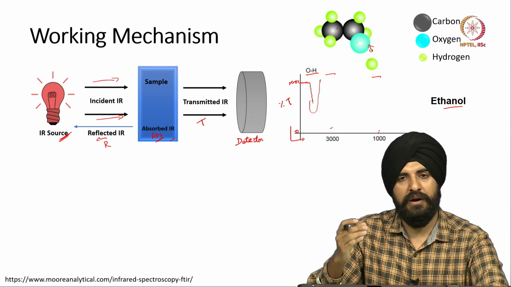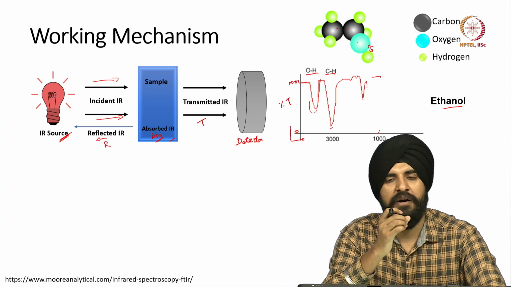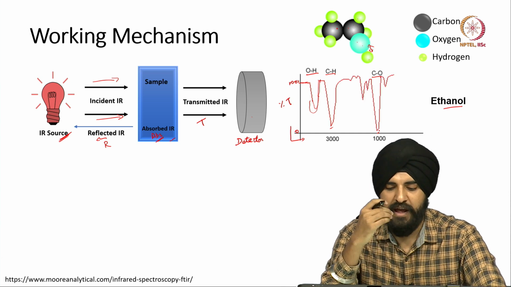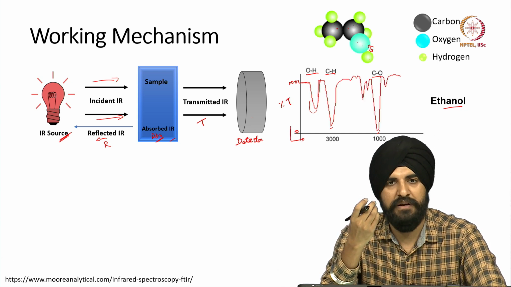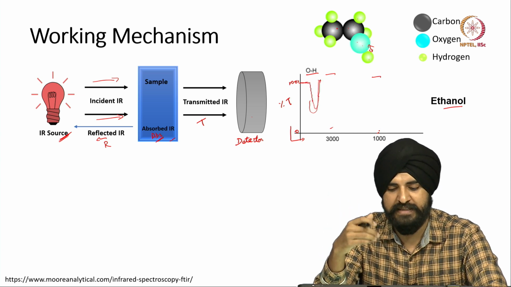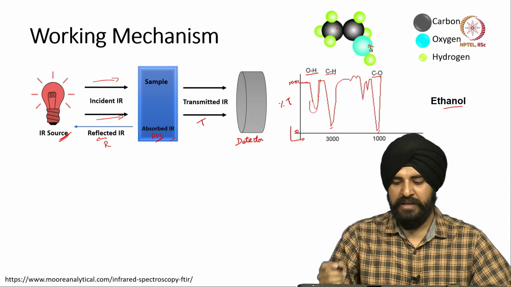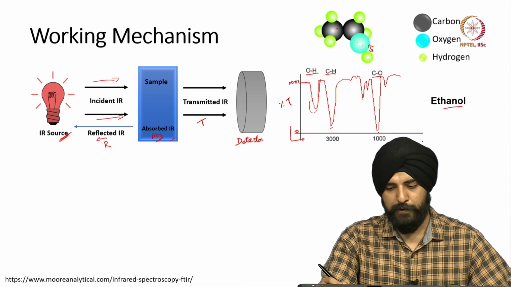Depending on the bond, each absorbs a specific wavelength of IR and causes its natural vibration to increase, and we can finally see it in the IR spectrum. So this is the characteristic IR spectrum of ethanol.